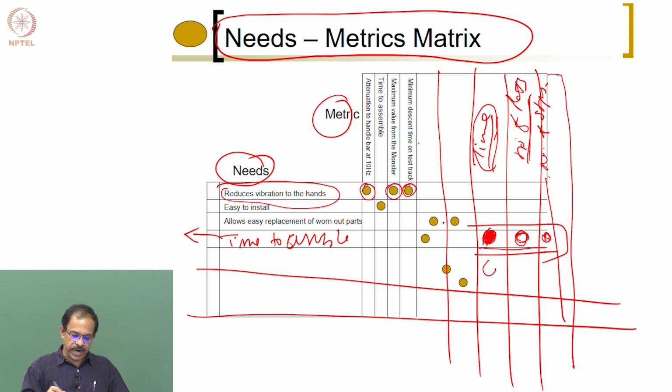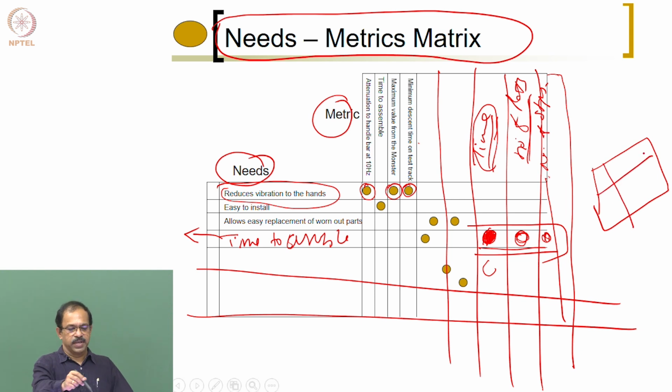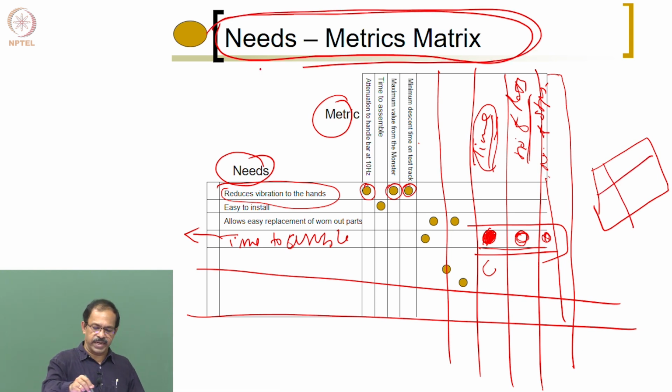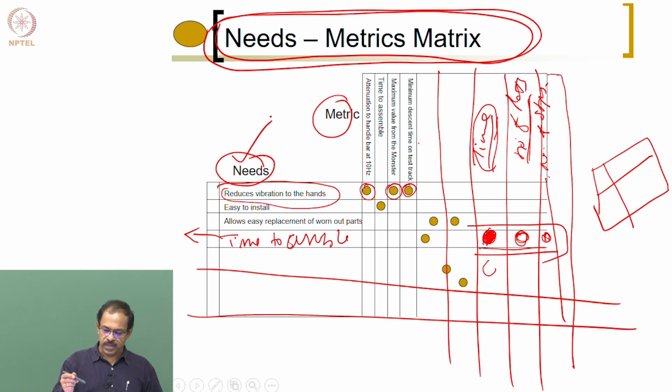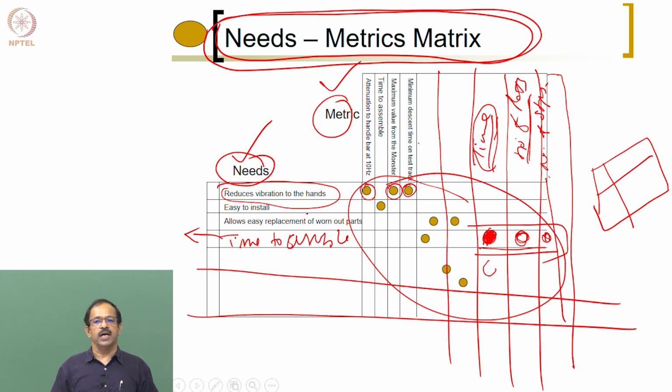So I can identify this and then create a matrix. Finally, I'll be creating a need metrics matrix like this. This matrix involves the needs, the metrics, and the importance of the metrics to the needs. So by looking at this chart, you will get a clear idea.